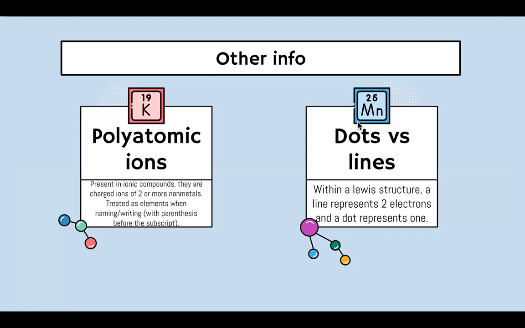Now let's move on. I'm sure you heard me say earlier, I mentioned polyatomic ions such as carbonate. These are present in ionic compounds, and they are charged ions of 2 or more nonmetals. They are treated as elements, and when writing them down with subscripts, you write them in parentheses. So an example is ammonium carbonate.